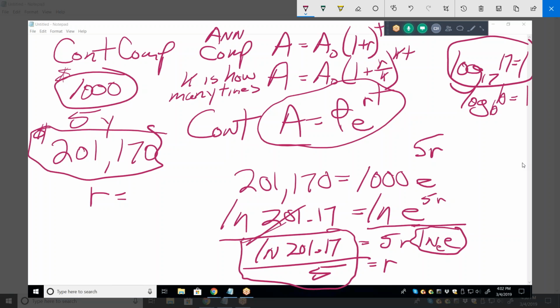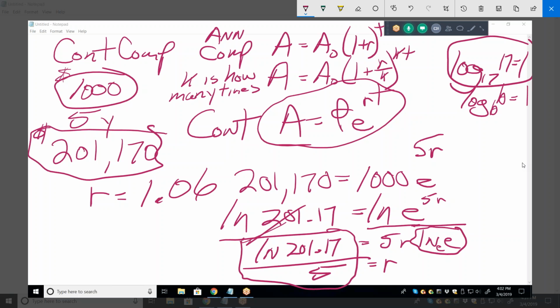More than that, even. I got 1.06 for R. What did you get when you took the natural log of 201.17? 5.304. Oh, 1.06.